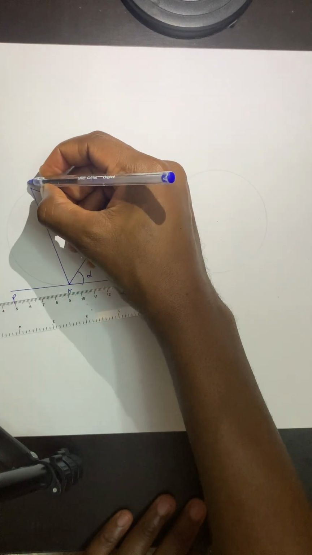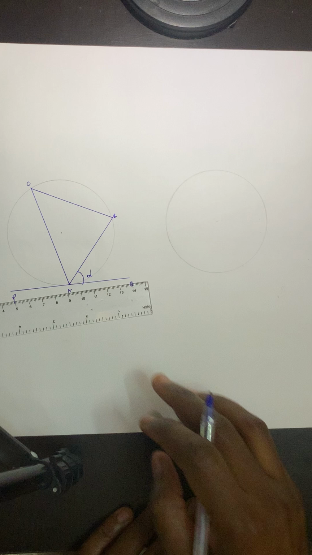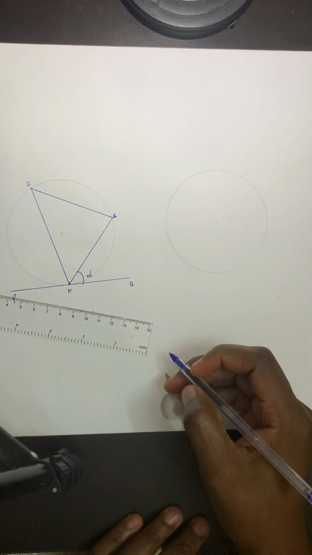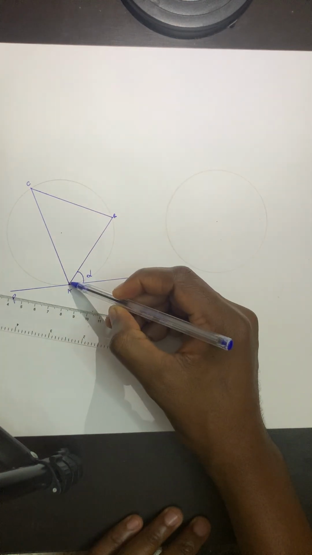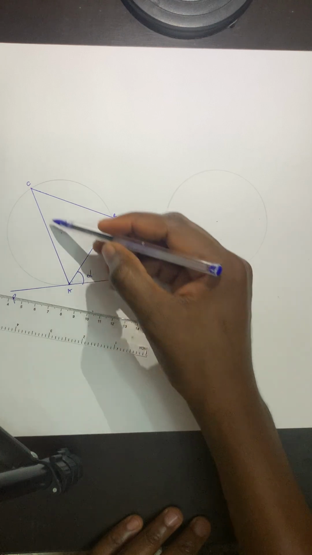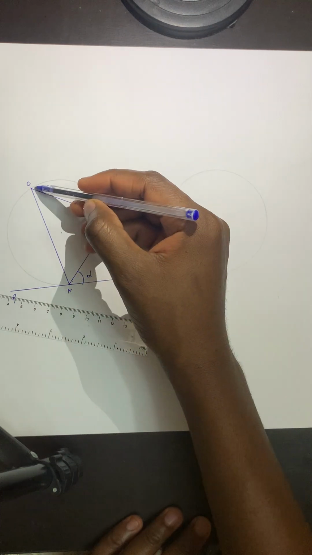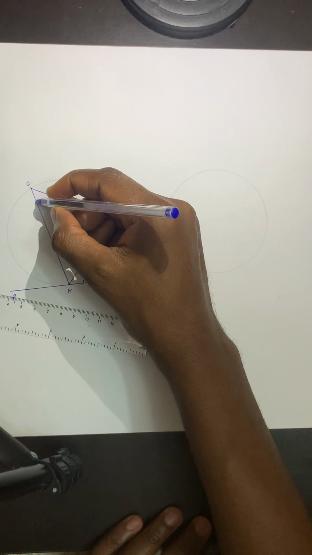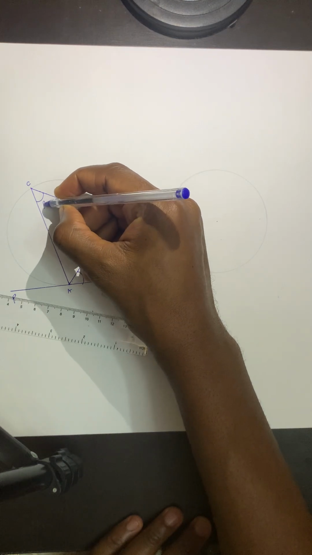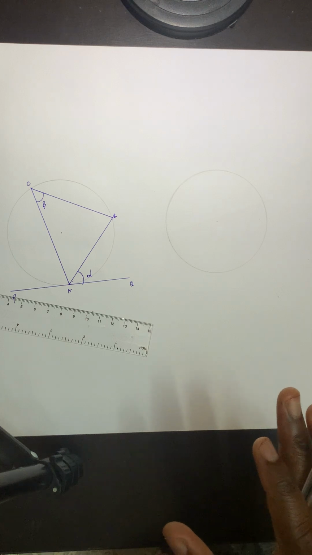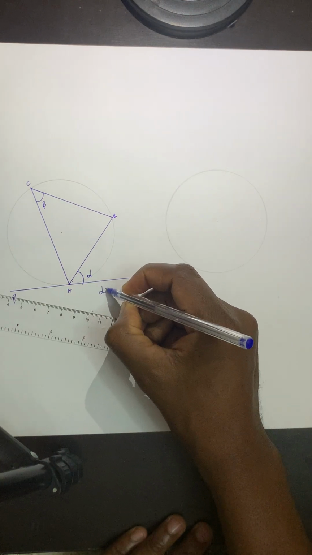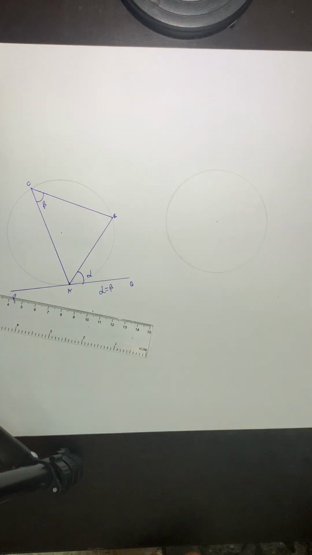That's our point C. Remember, we had the chord. We drew from this point to the circumference, and from this point to that point on the circumference too. That angle is the beta angle. So from the alternate segment theorem, alpha is equal to beta.